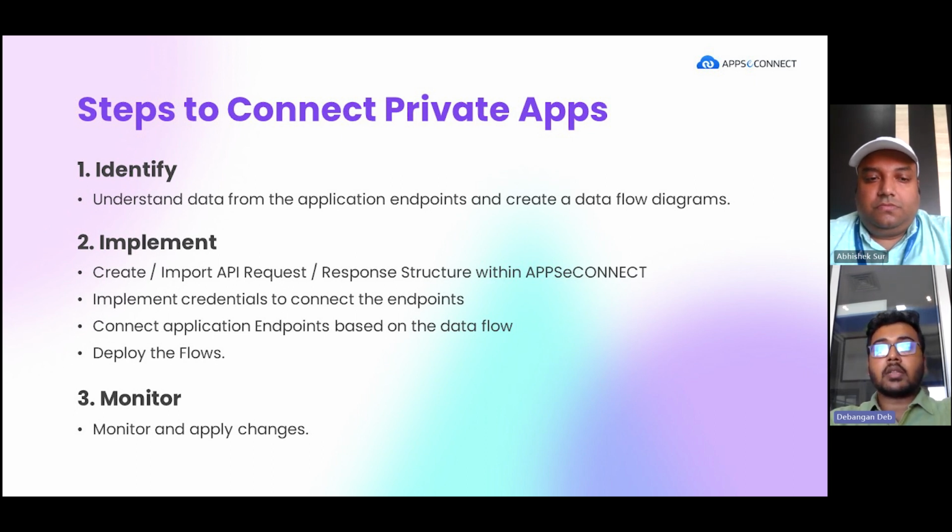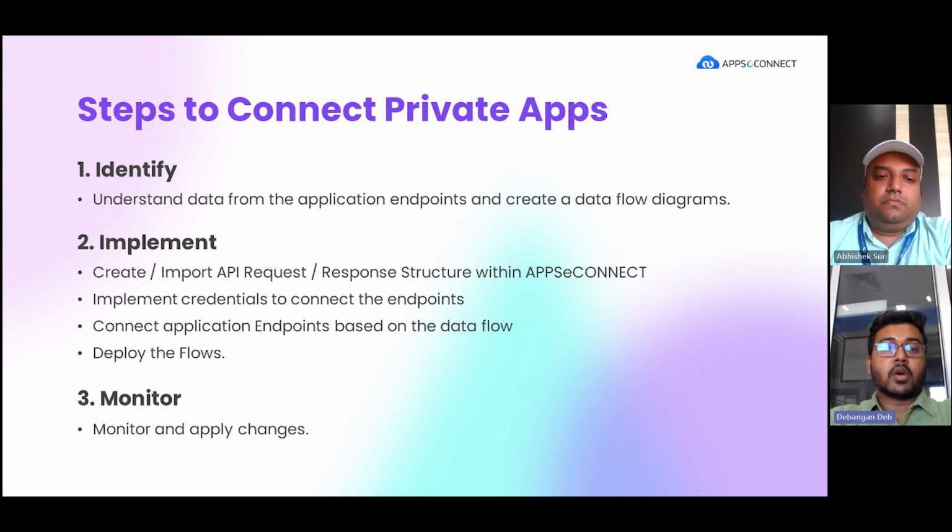So you need to have an idea of what your data flow will be, what data needs to sync. Without that, we recommend first having a clear idea of how you can manage the data flow, and creating a flow chart. This will be my data coming from a source application, and this is what I need in my destination application. You have to identify this first, and then in the AppSeConnect portal we have a section where you can implement this.